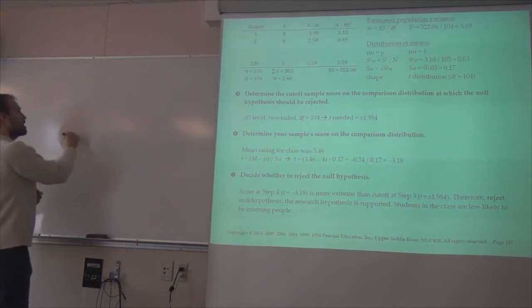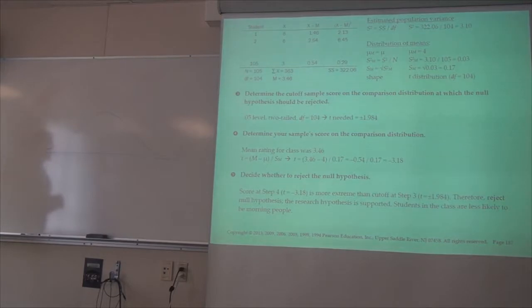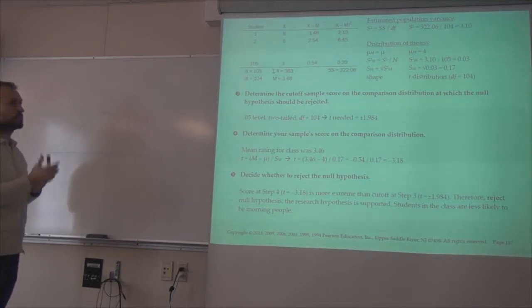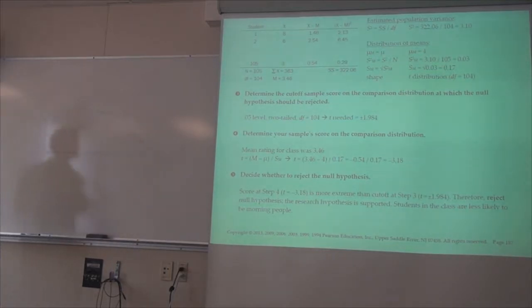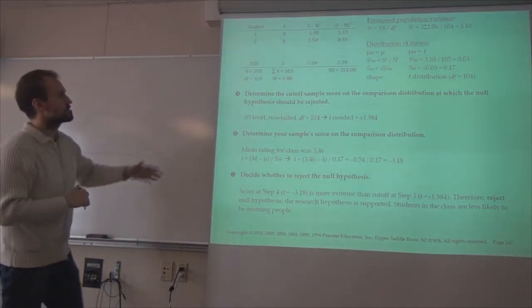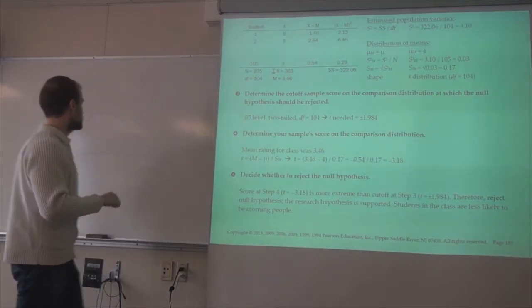So I think to some degree how well I understand this, or how easy I find this bit, is sort of confirmation of how well I understood the basic hypothesis testing procedure, because it's pretty much the same. So, what am I now? I want a 5% two-tailed test.